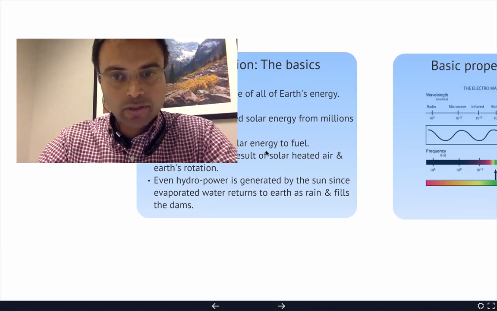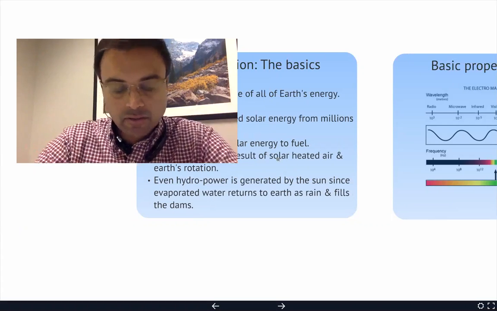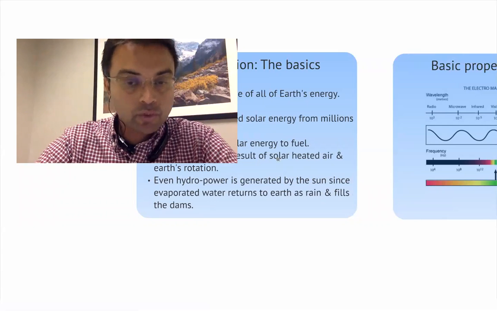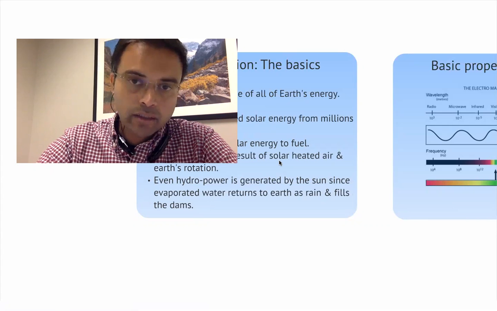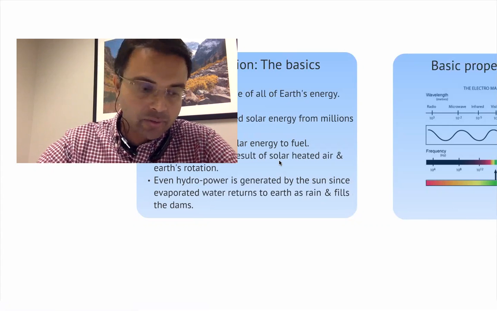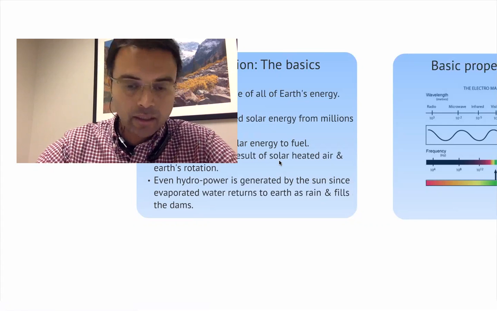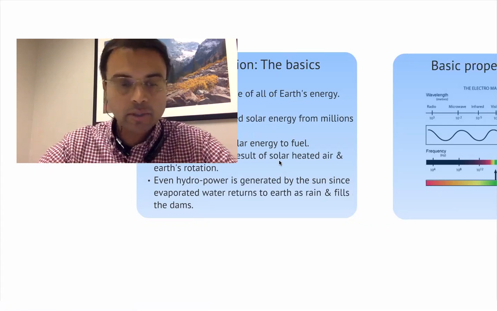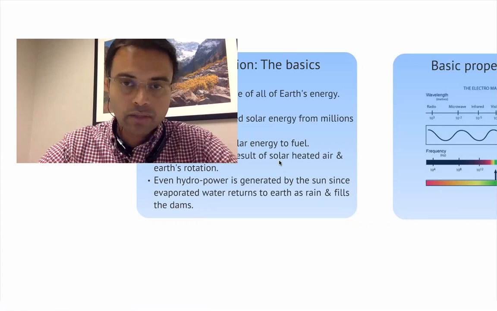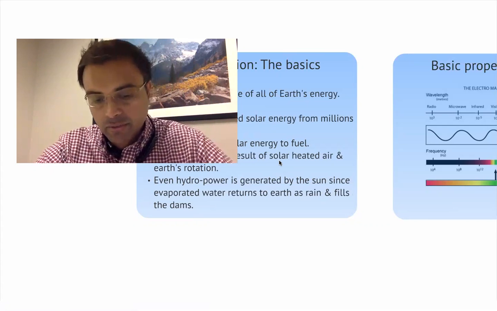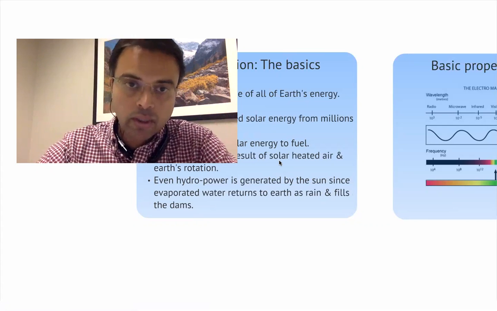Biomass converts solar energy to fuel. Biomass is the most prevalent source of energy, particularly in the developing world, where it refers to wood and dried carbon contents that can be converted directly. That's basically solar energy, which is converted and can be used for fuel.